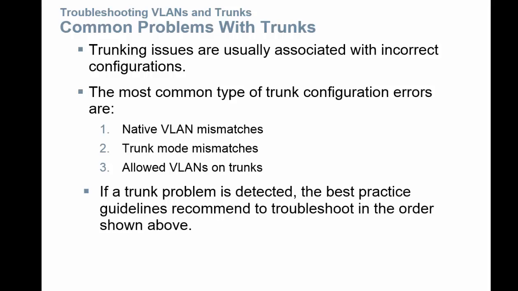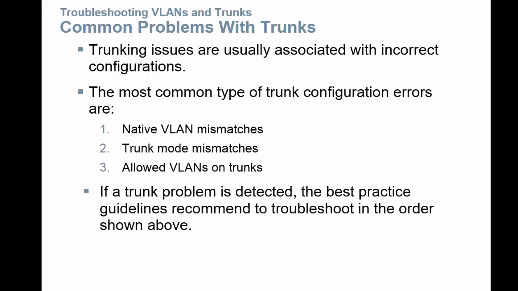You have trunk mode mismatches, and your allowed VLANs on a trunk. You can have issues there. If a trunk problem is detected, the best practice guidelines recommend to troubleshoot in the order shown above. Check for native VLAN mismatches, check your trunk mode mismatches, and then check for the allowed VLANs on a trunk.